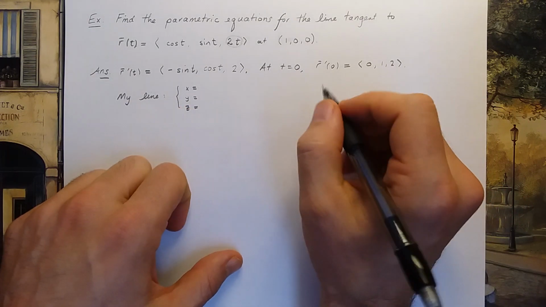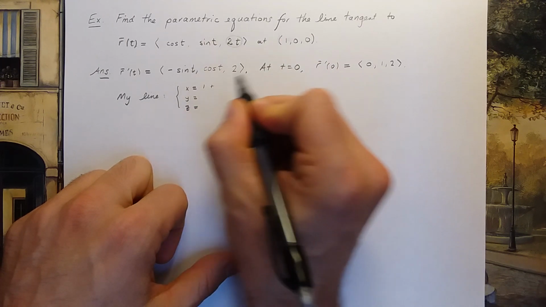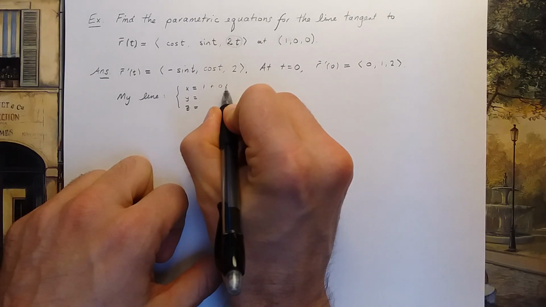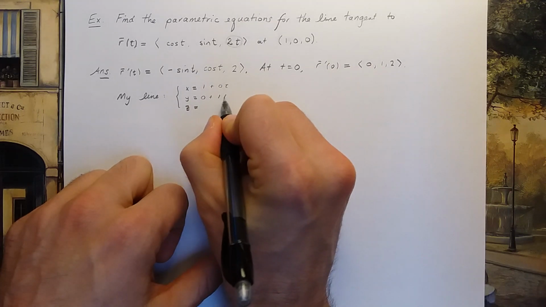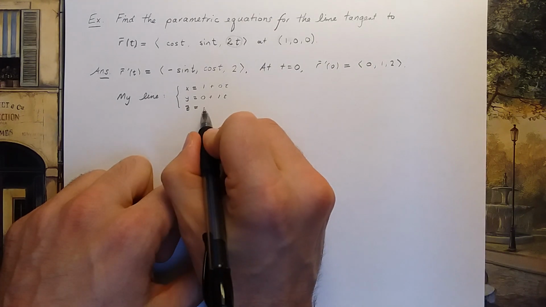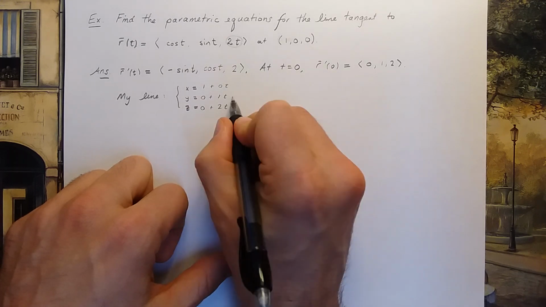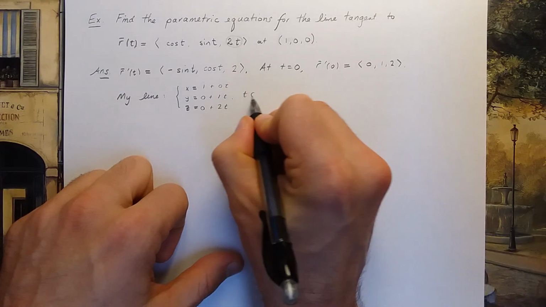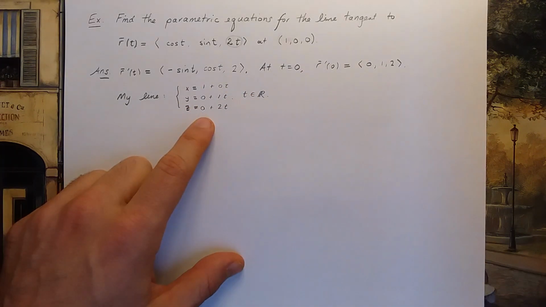So x is going to be 1 plus 0t, y is going to be 0 plus 1t, and z will be 0 plus 2t. Here t could be any real number. So these are the parametric equations for a line in R3.